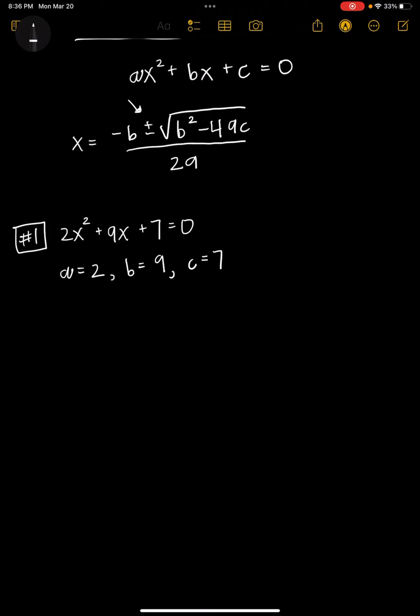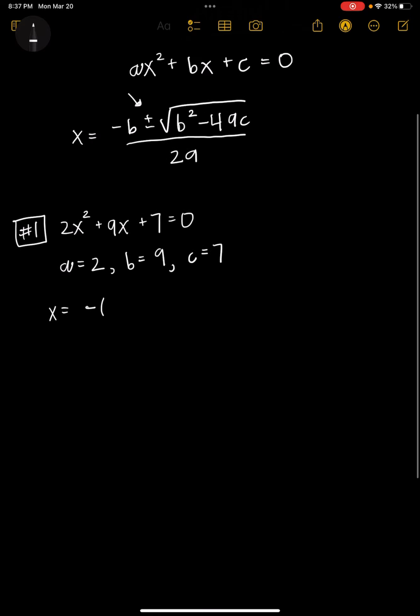Now I'm going to plug them into my formula. So when I plug them into my formula, I'm going to have x equals, which is what I'm trying to solve for, then negative b. When I replace the letters in my formula with numbers, I'm always going to put them in parentheses. Normally the parentheses don't necessarily matter too much, but it's going to be really important that you do this, mostly so that when you plug them into a calculator, the calculator recognizes what you want to do.